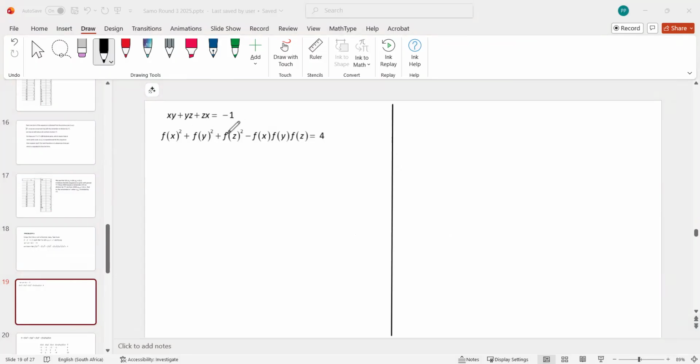Okay, I want to first observe that x, y, z, if I choose x, y, z to be x, 1, minus 1, in other words, two of them are 1 and minus 1, then you have x times 1, y is 1 times z: xy plus yz plus zx.